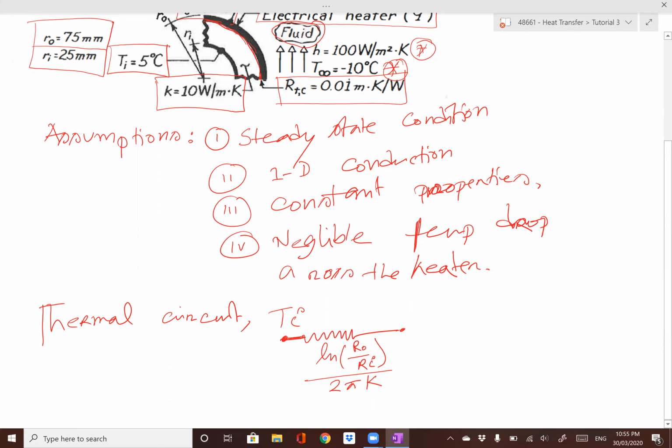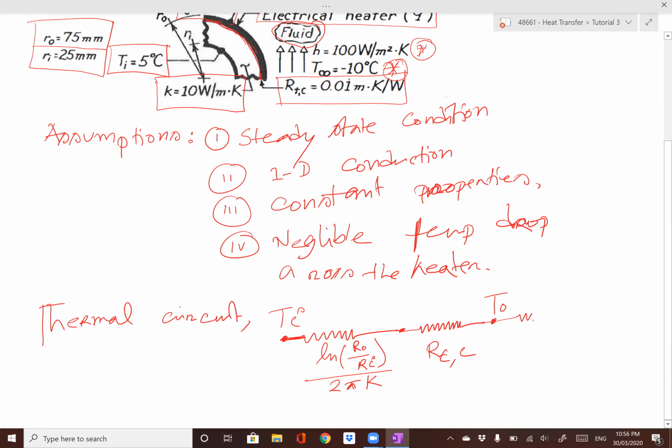This is in terms of per unit length thermal resistance. Then we have the contact resistance between the heater and the tube, R for contact, then the heater temperature, the heater will maintain 25 degrees.